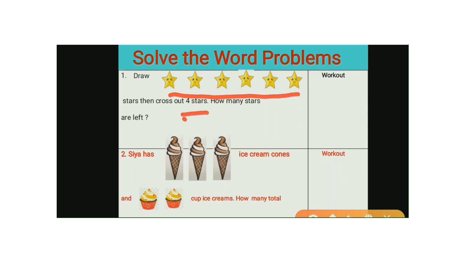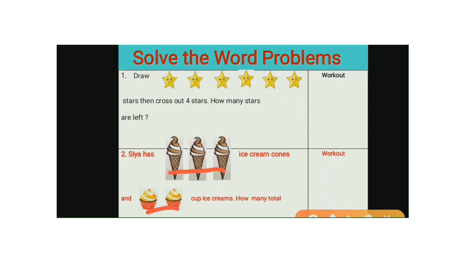So out of 6 stars, how many stars have been crossed out? 4 stars. What's left? You have to do this. So 6 minus 4. How much is left? 2.